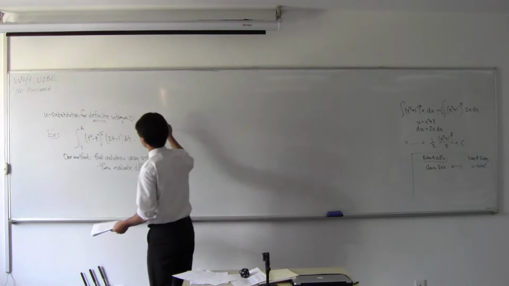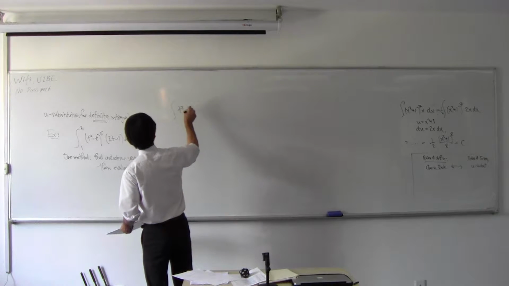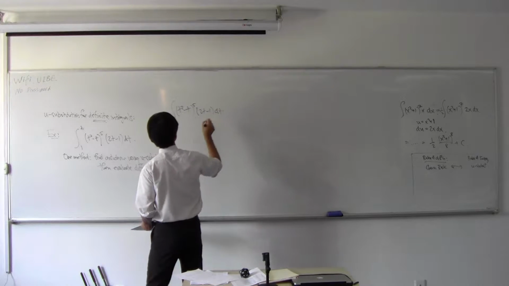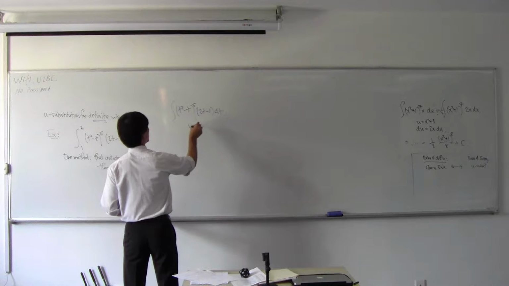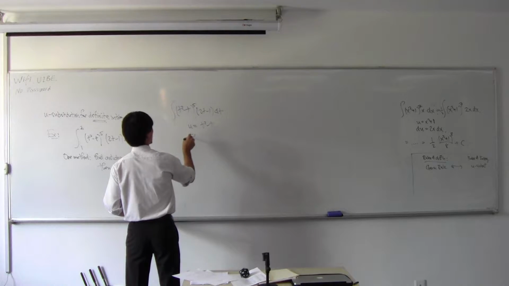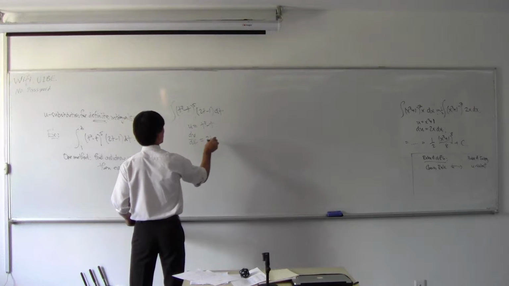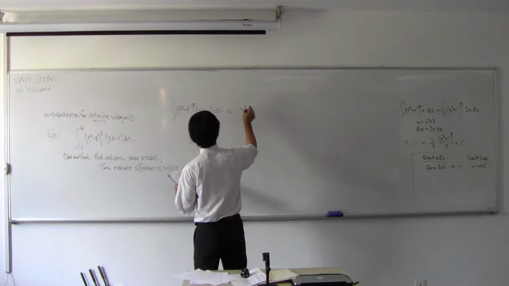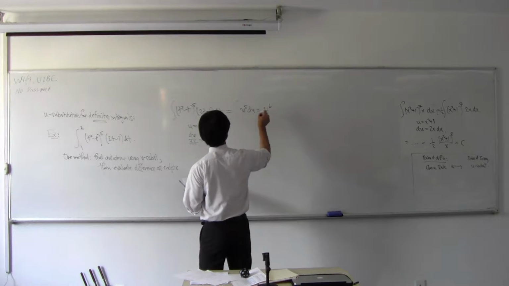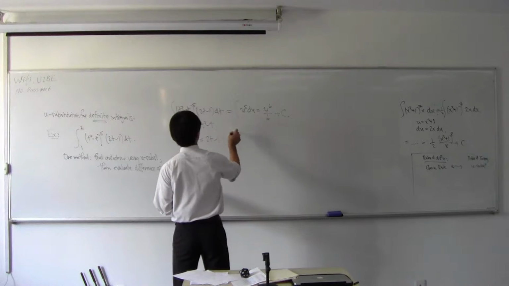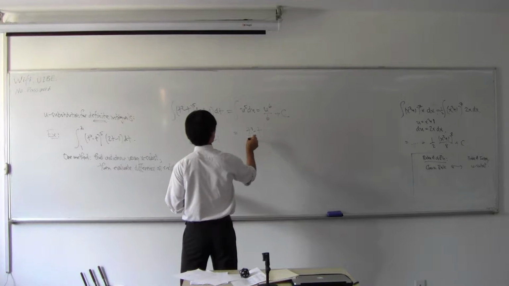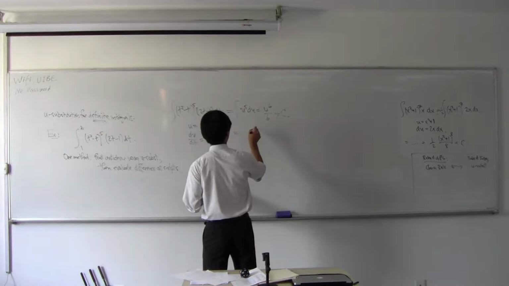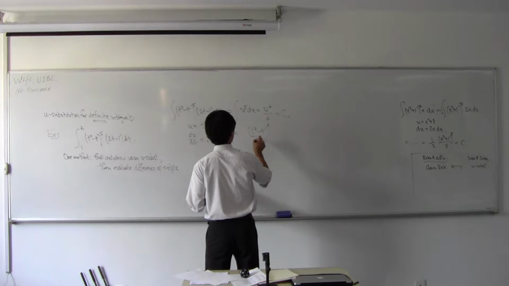Now let's do u-substitution on this. You take u to be t squared minus t. du dt is going to be 2t minus 1. Then rewriting it, this is u to the 5th du, so we get u to the 6th over 6 plus c, which is (t squared minus t) to the 6th over 6 plus c.